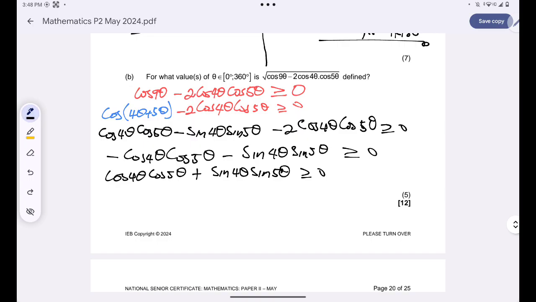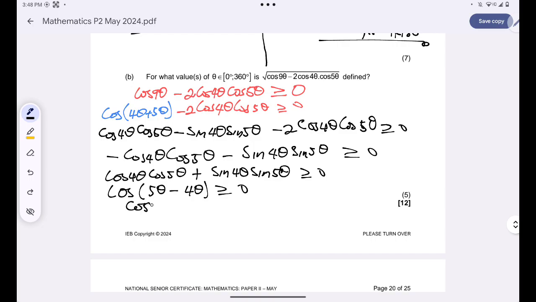Okay. I also have an expanded version of the compound angle for cos, which can be written as cos of 5 theta minus 4 theta. I still have greater than 0.